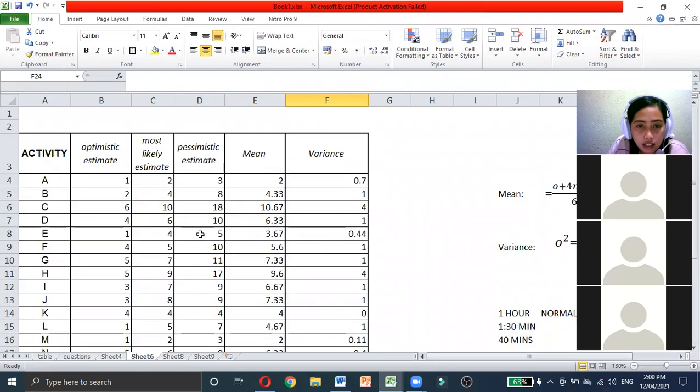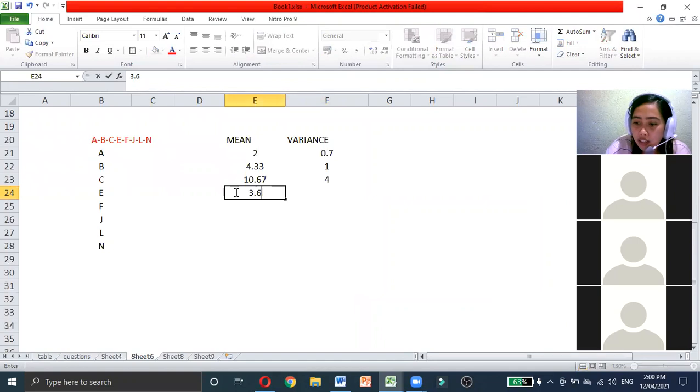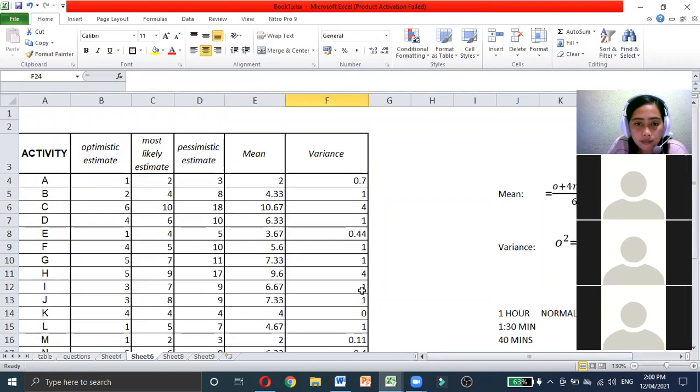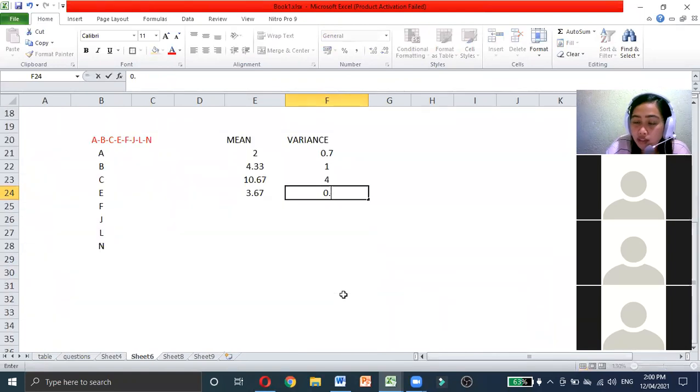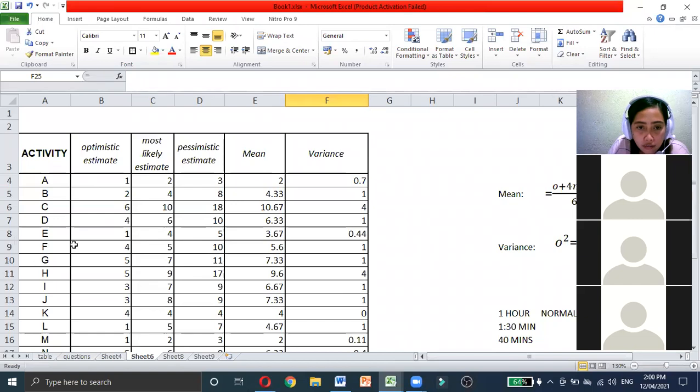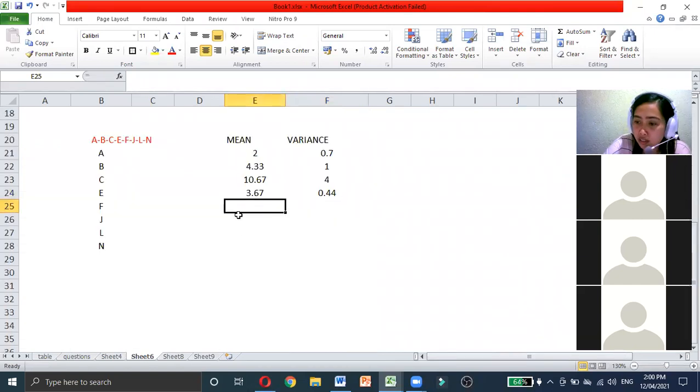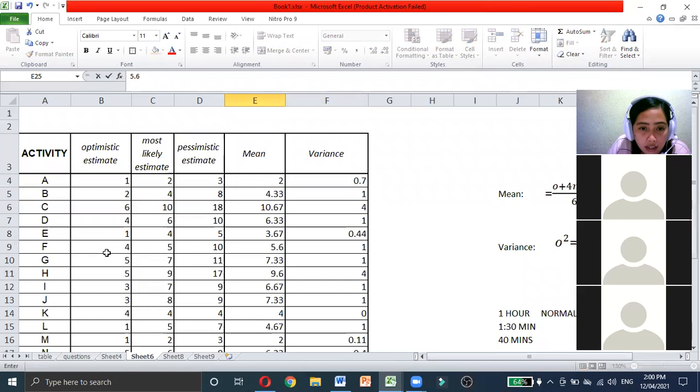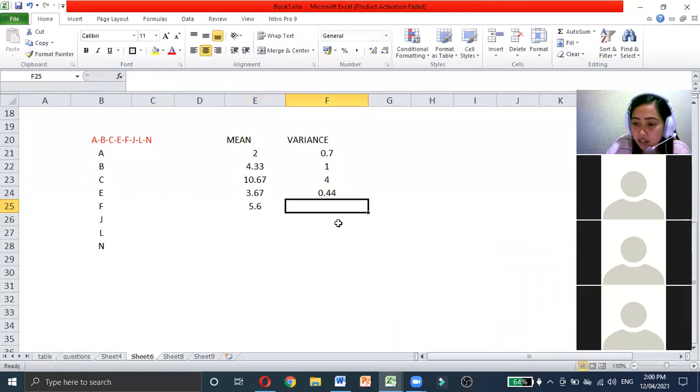Okay. E is 3.67, and then 0.44. F is 5.6. Its variance is 1.